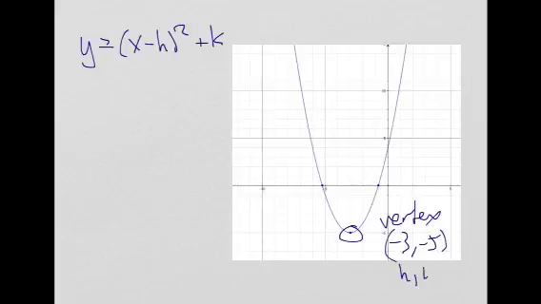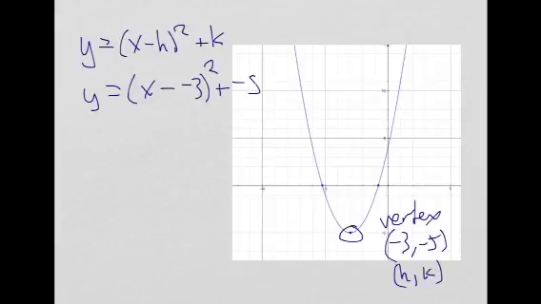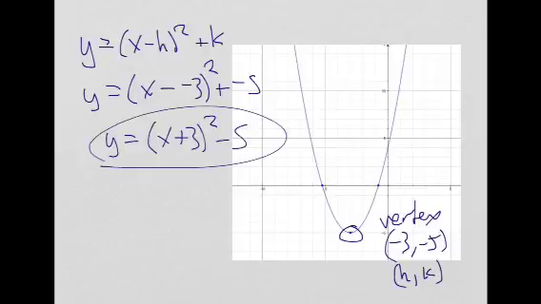And that's my h, k. So I can come over here and say y equals x minus my h, which is a negative 3, plus my k, which is a negative 5. Up, and don't forget your squared. Or in other words, y equals x plus 3 quantity squared minus 5. And that's the quadratic family.